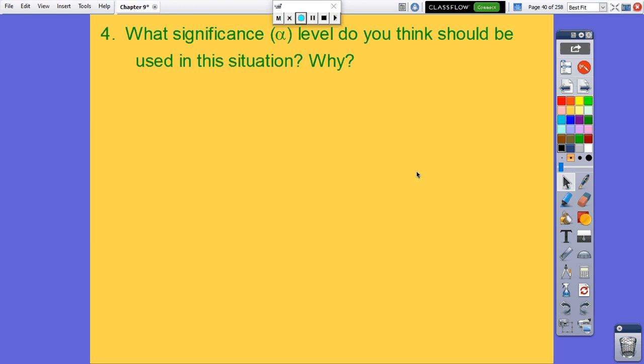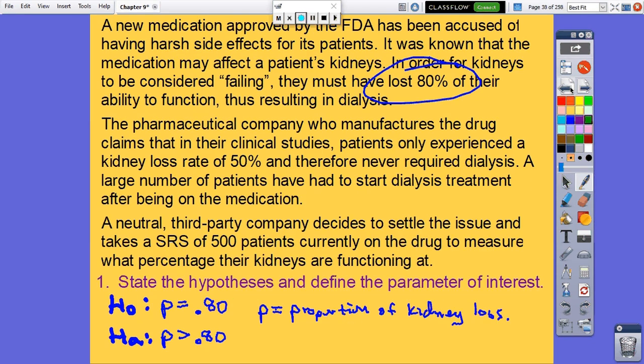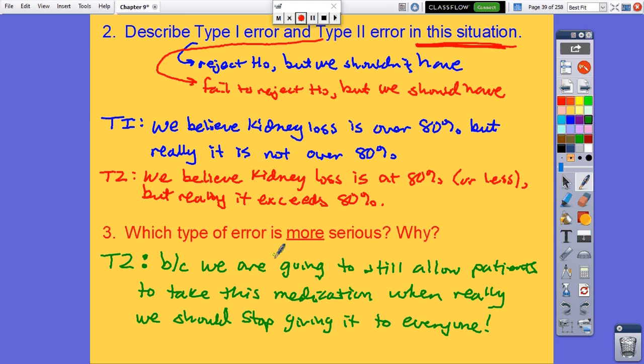All right, and then what significance level do you think should be used in this situation, and why? So, again, let's jump back real quick to our type 1, type 2 errors. We said a type 2 error was the more serious error to make, right? And so in the end, we really want to be able to reject the null hypothesis. But we want to make sure that we have strong enough evidence for it in that case.